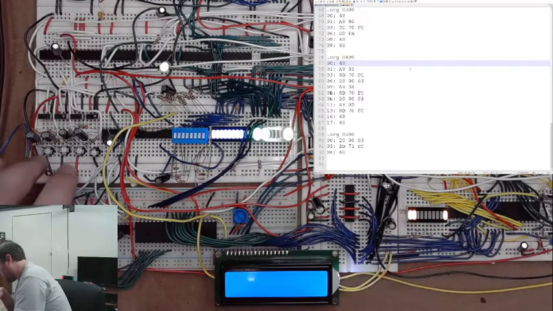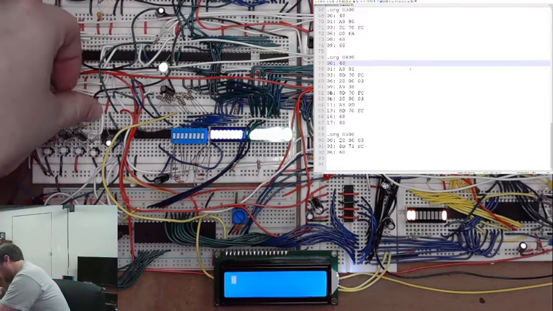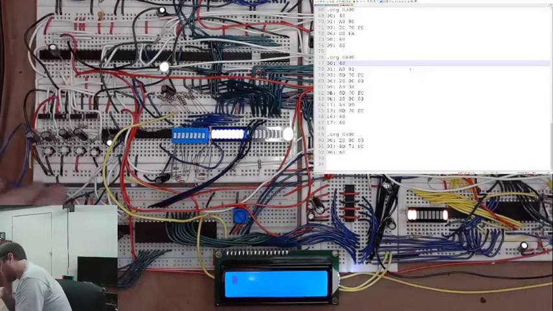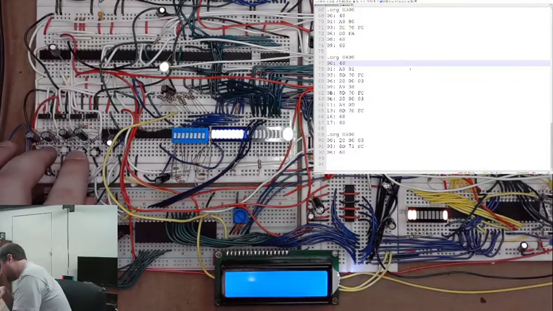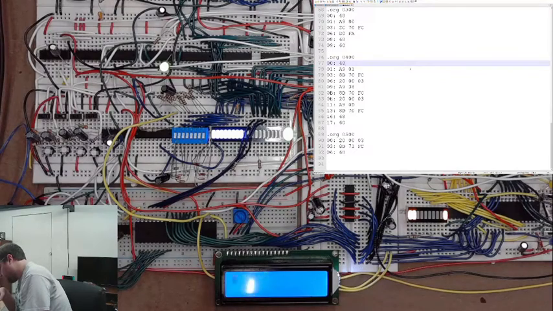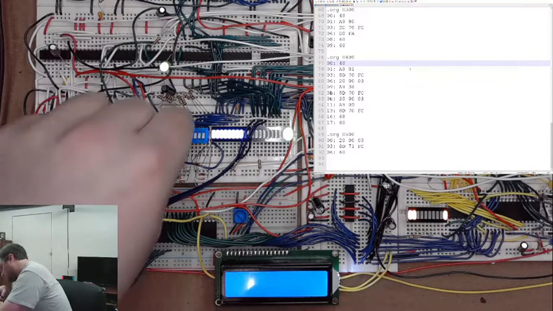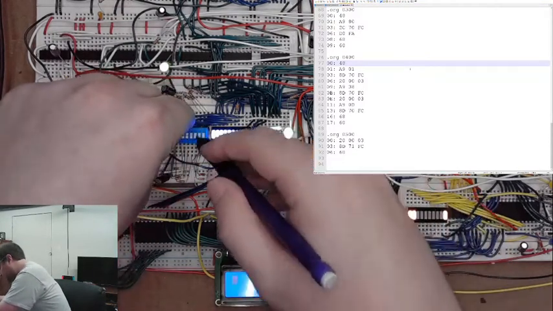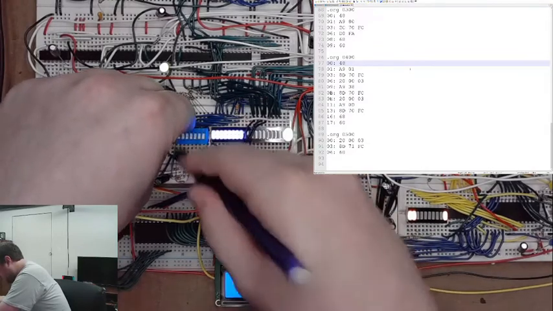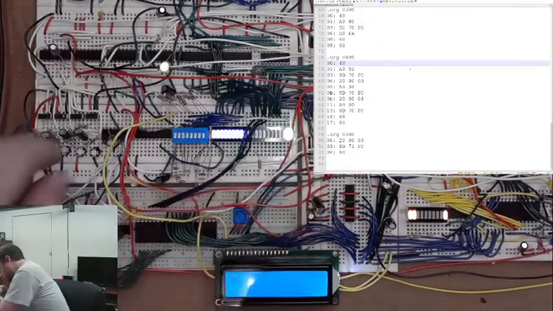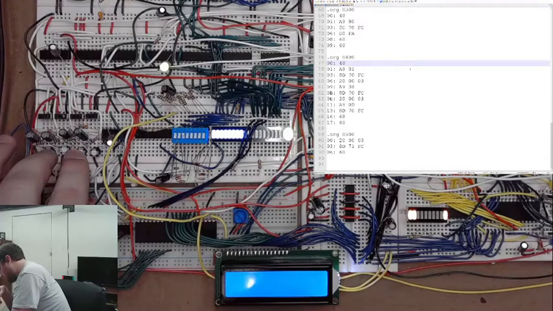Which 4? To get to 4, we do this, that. No. All right, bank 4.